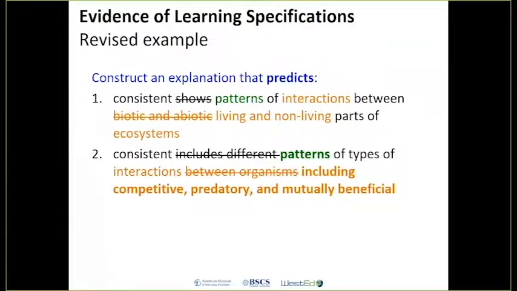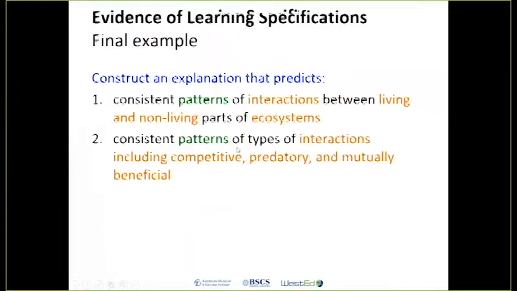So I could have my students construct an explanation that predicts consistent patterns of interactions between living and non-living parts of an ecosystem, and consistent patterns of types of interactions, including competitive, predatory, and mutually beneficial. Making sure that I hit all of the science and engineering practices that I said were very important. And then this one is cleaned up.